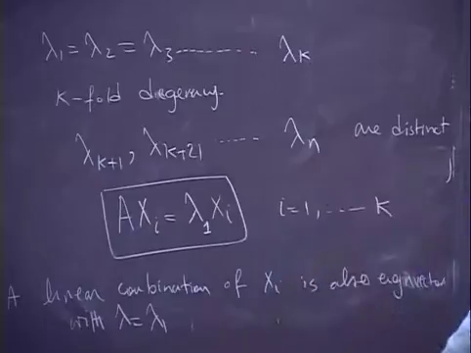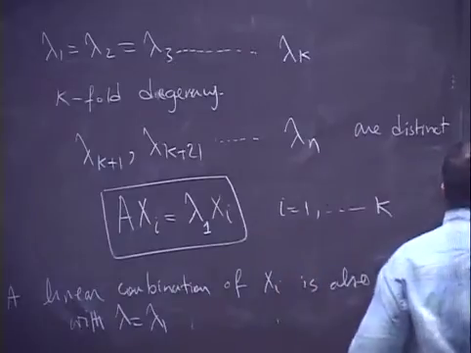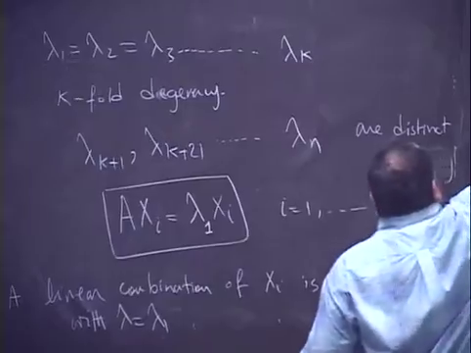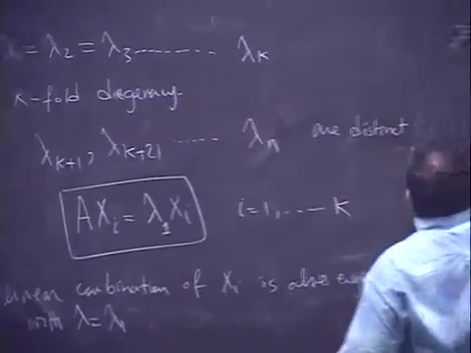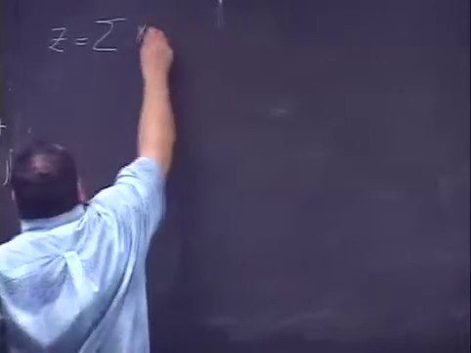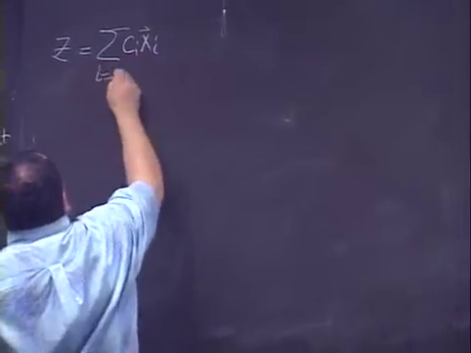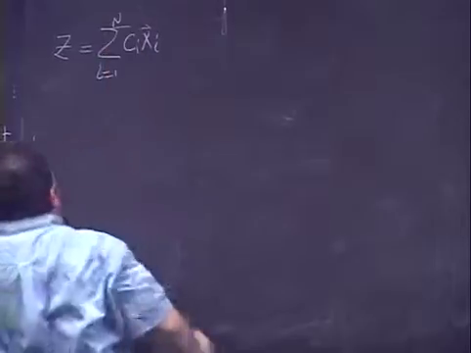In order to prove this, if you have a linear combination of the eigenvectors xi, that linear combination will also be an eigenvector. So to prove it, let's assume that the new vector that we form from the xi's is called z, the sum from i equal to 1 up to n.